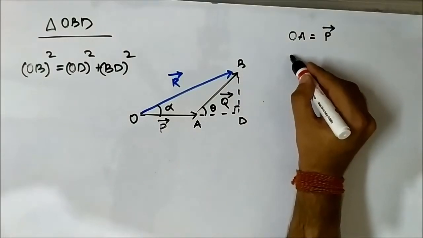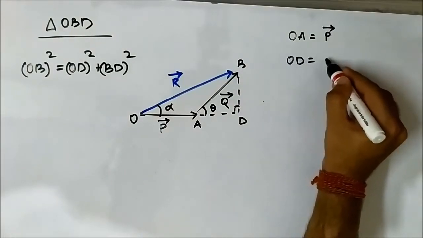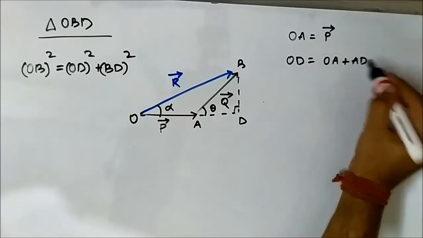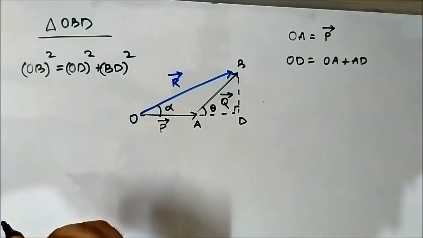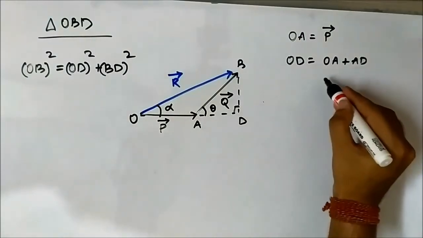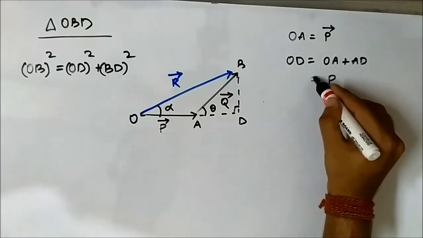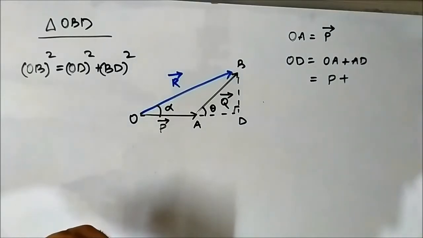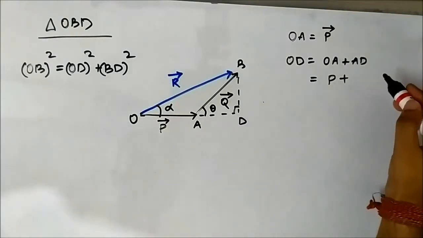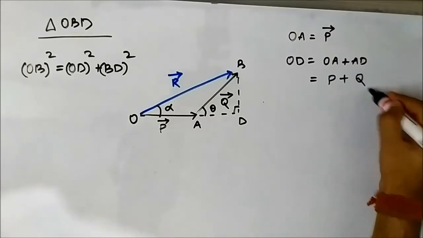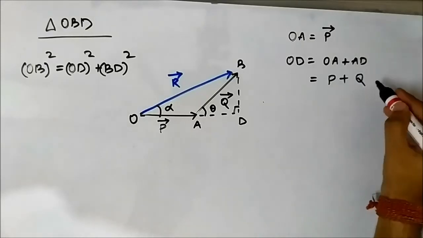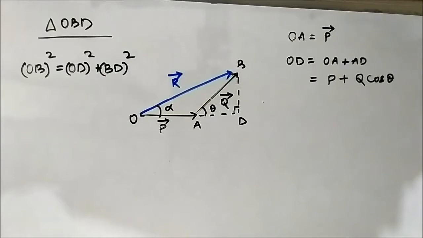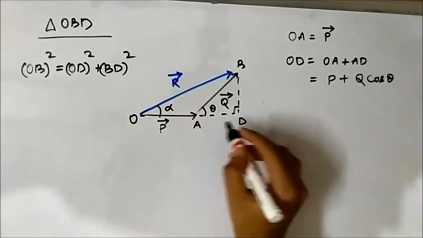OD is OA plus AD, which is P plus, we can write AD as Q cos theta, isn't it? AD is Q cos theta.